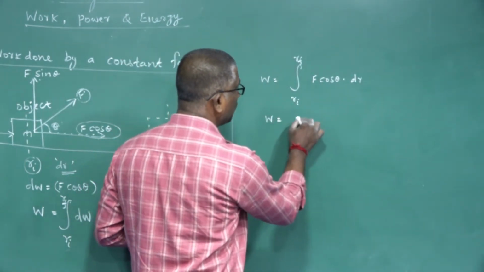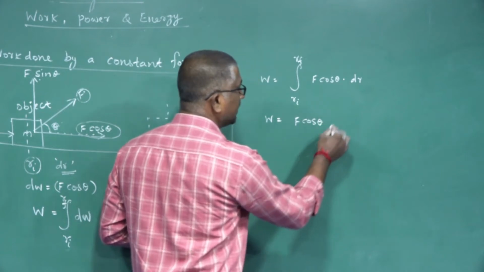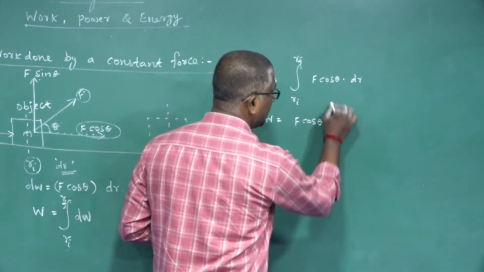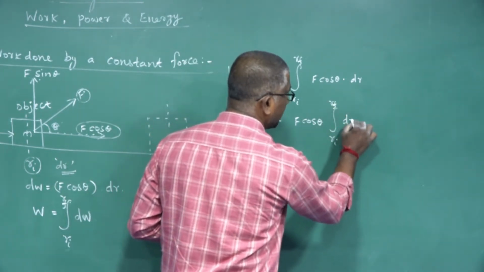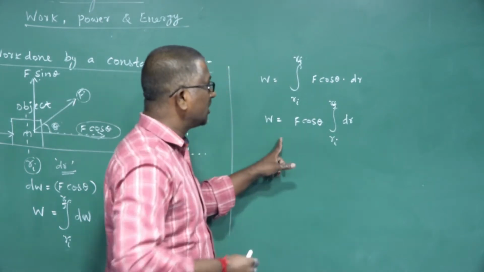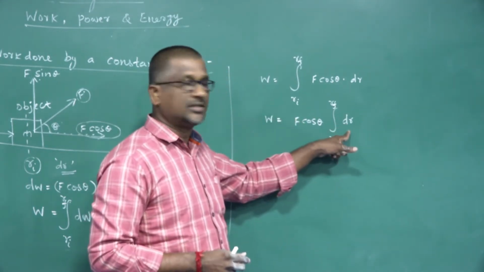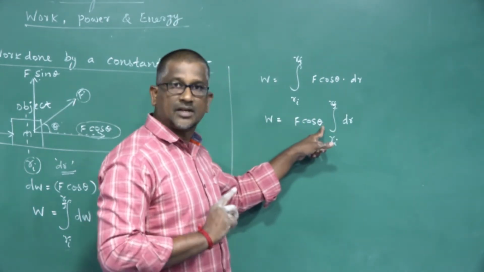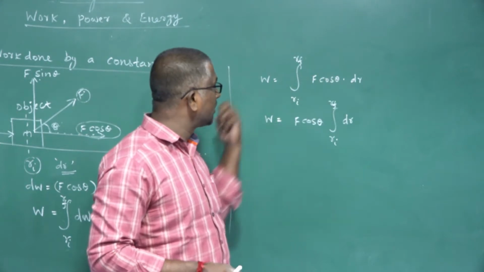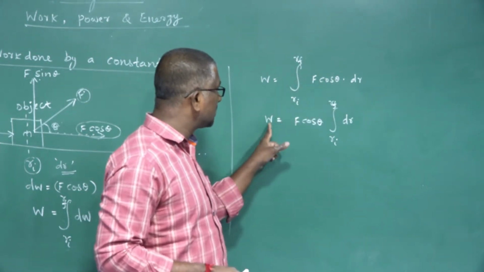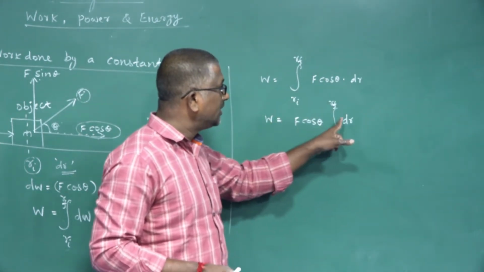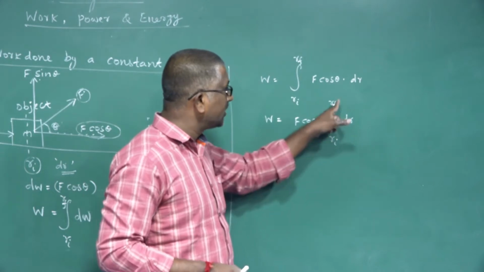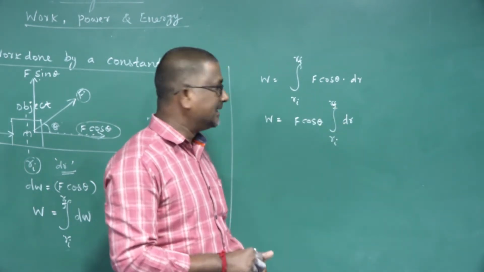Therefore W is equal to F cos theta into the integration, with lower limit Ri and upper limit Rf, of dr, because the only variable is displacement.